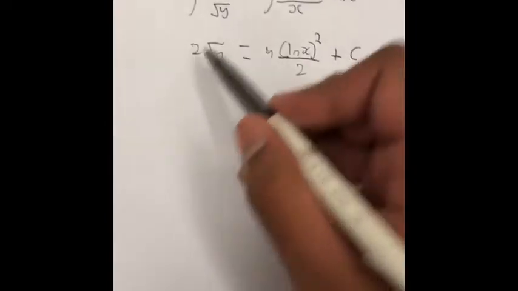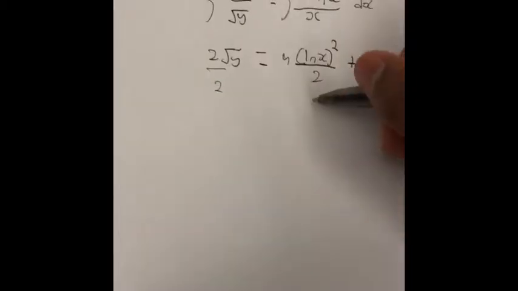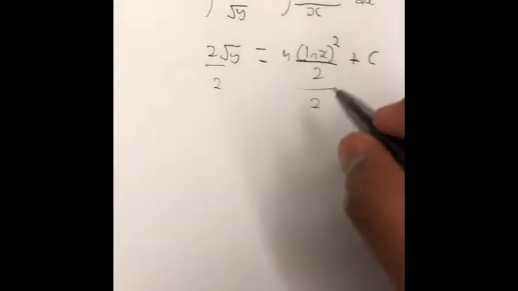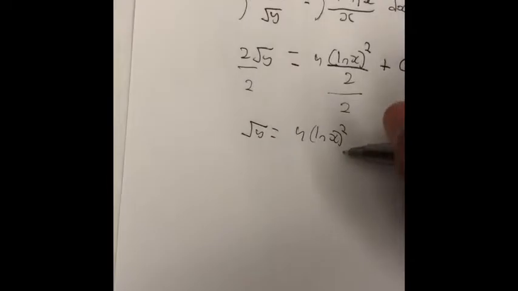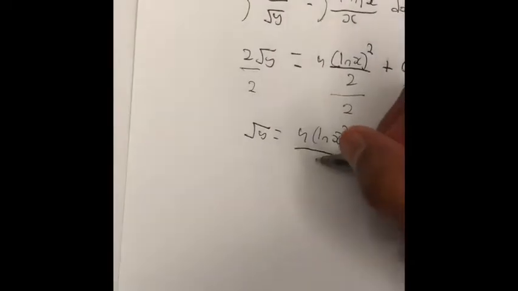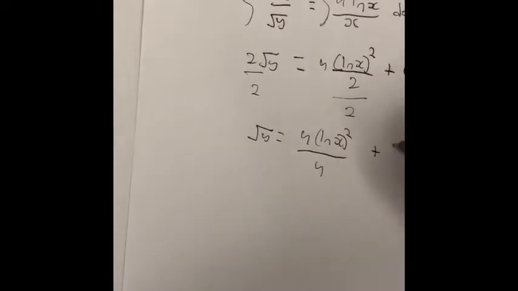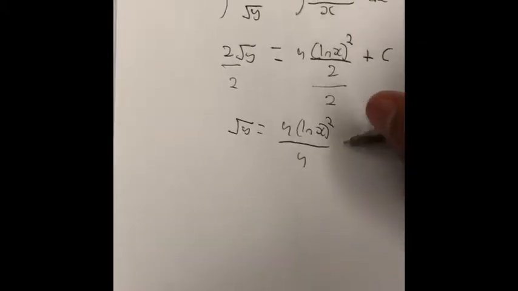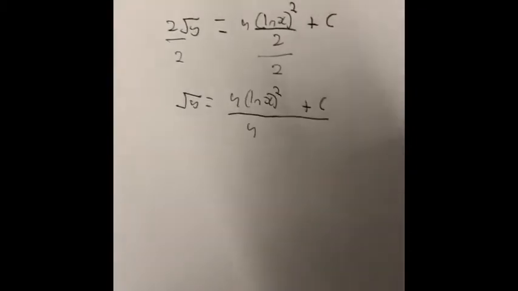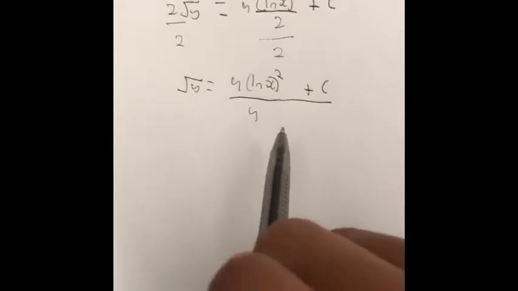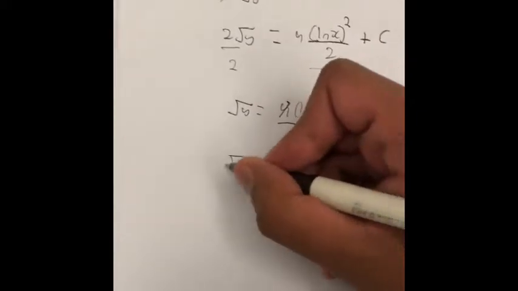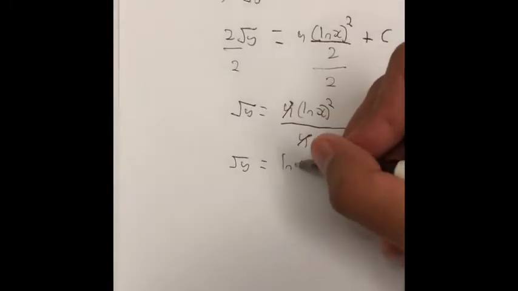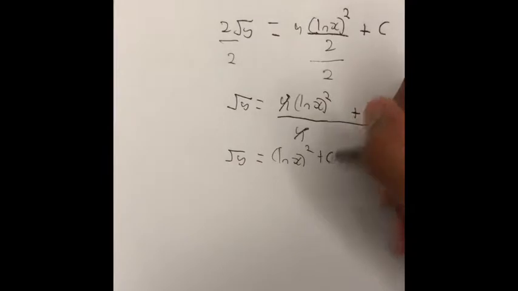Now we'll divide this 2 here and this 2. We'll get square root of y equals 4 ln x squared over 4 plus c. This 4 will cancel this one and we'll stay with square root of y equals ln x squared plus c.